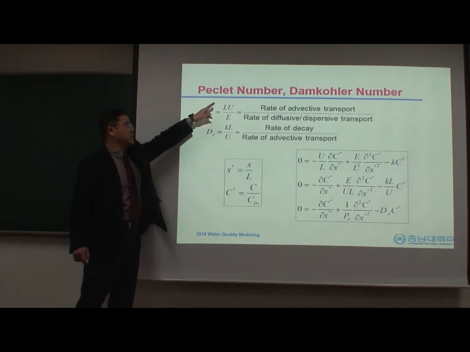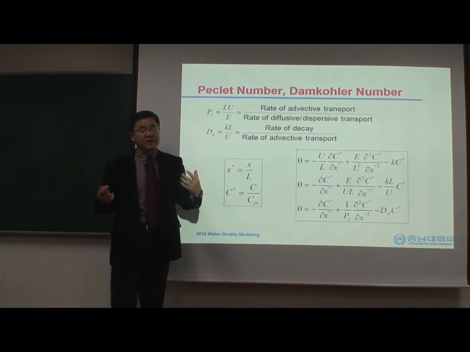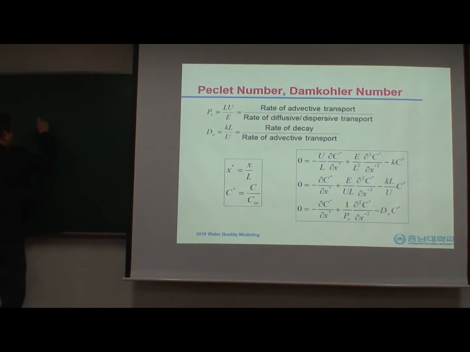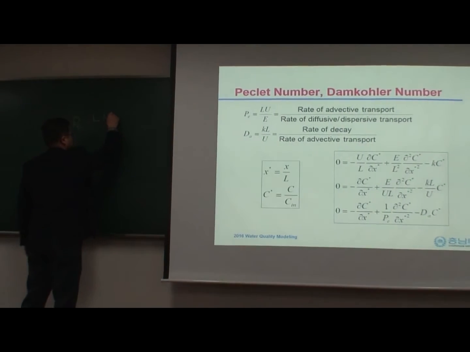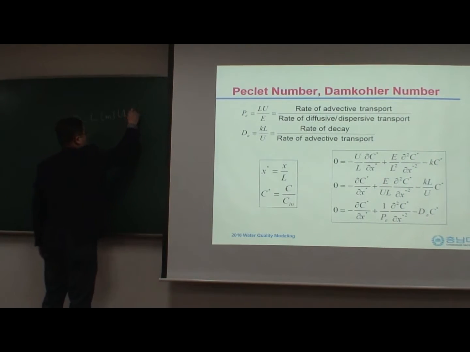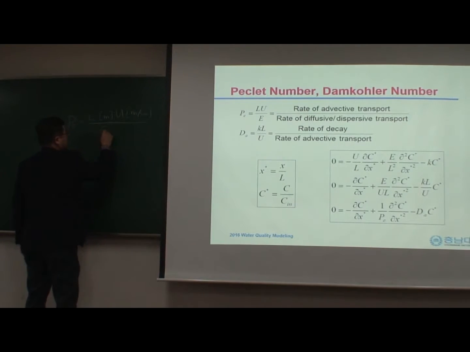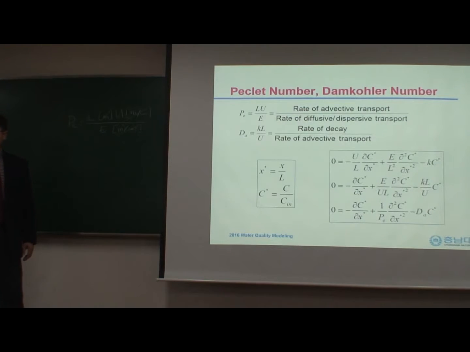But this number does not have any dimension. In other words, if you have the Peclet number, which is L, U, and E, if you take a look at their units, we can find they all get cancelled.